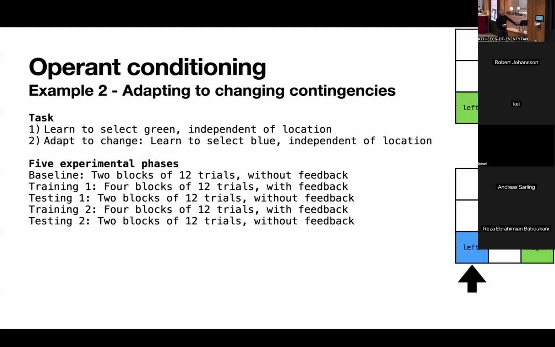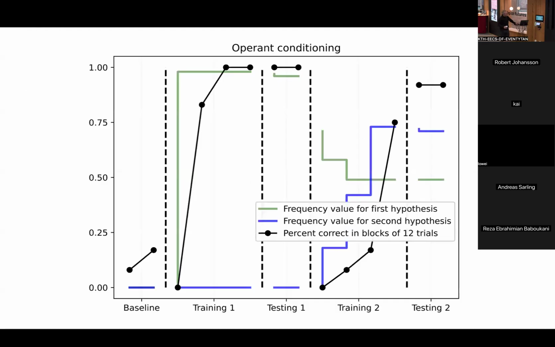So can the system first learn to pick green and then later learn to pick blue? During baseline, it doesn't give any feedback. It learns the first contingency very easily in training part number 1 and demonstrates that in testing. Then in training part number 2, there is this retraining.